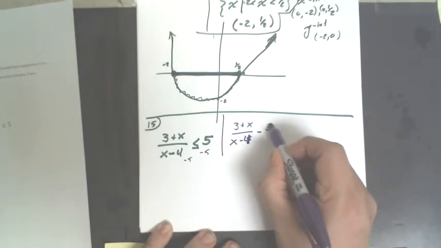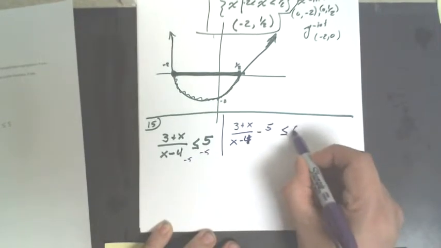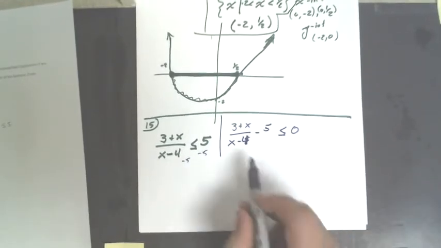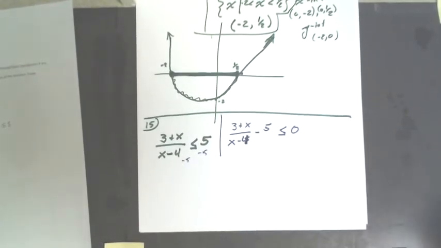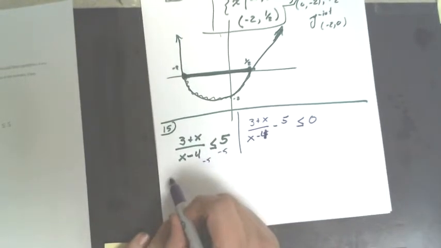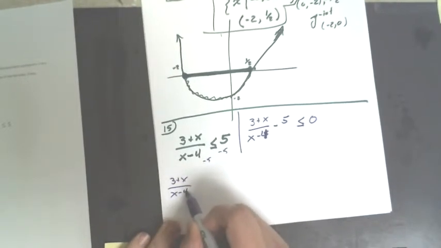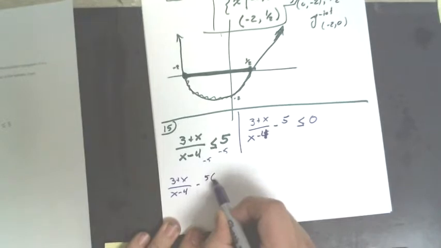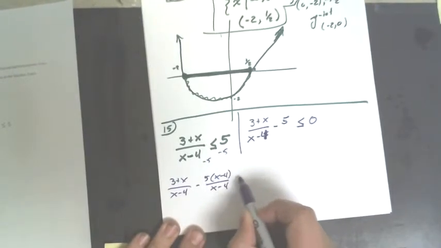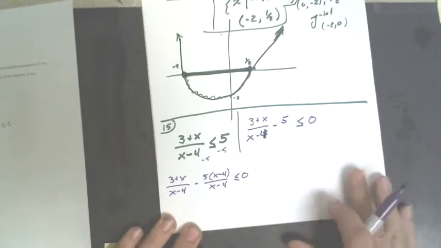Minus 5 is less than or equal to 0. Now that looks a little ugly. You might be thinking, do we have to get common denominators? Yes, you have to get common denominators. We have to perform that subtraction, and to do that, we need good old-fashioned common denominators. So 3 plus x over x minus 4, minus 5 times x minus 4 over x minus 4. It has to be done, people.